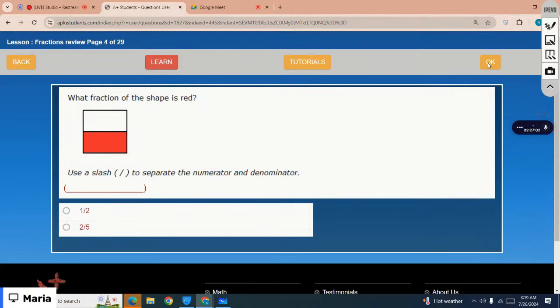What fraction of the shape is red? Which is the correct option? That is 1 over 2. Option number 1 is the correct option, right?